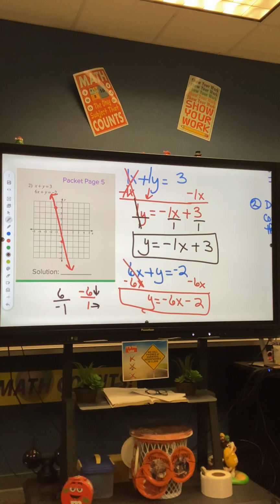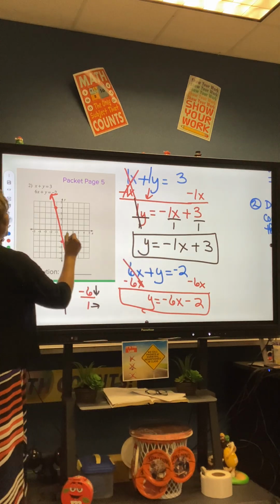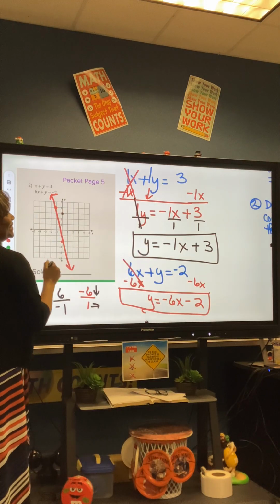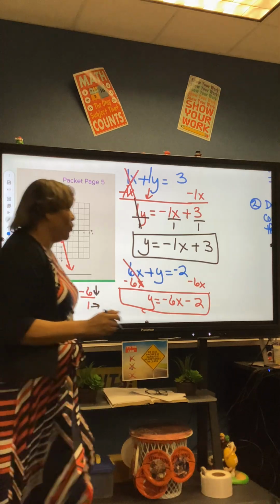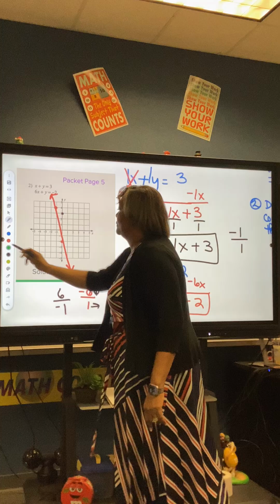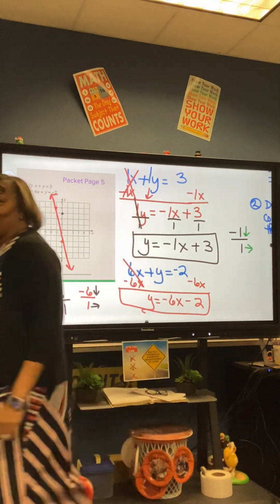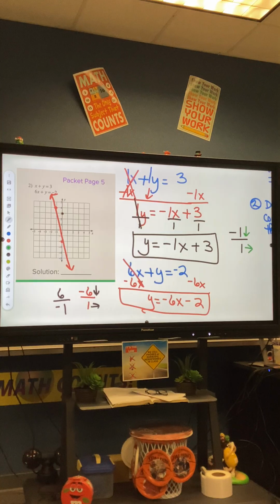Now I'm going to go and do the other line. I'm going to start at 3 because that's my y-intercept. It says a negative 1. So a negative 1 is down 1 and 1 to the right. Down 1, right 1. Down 1, right 1.